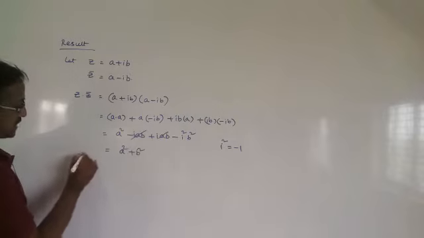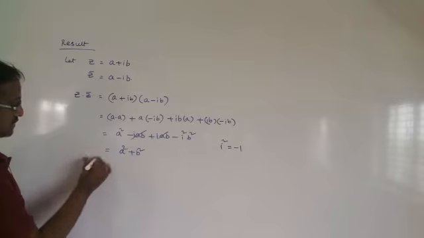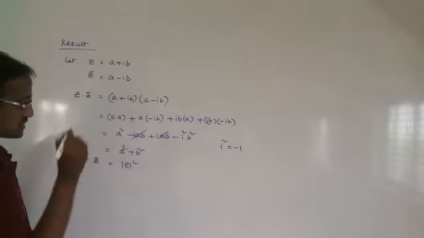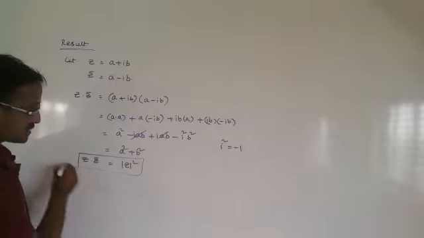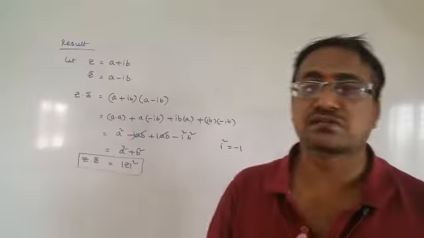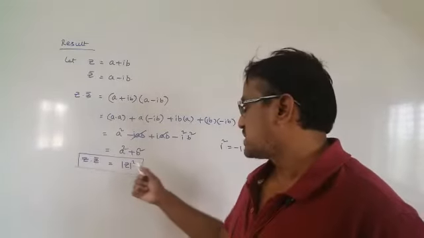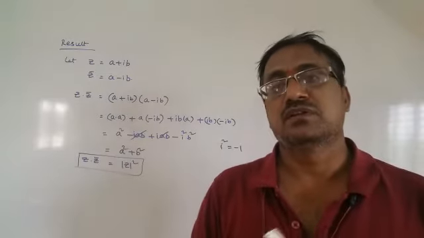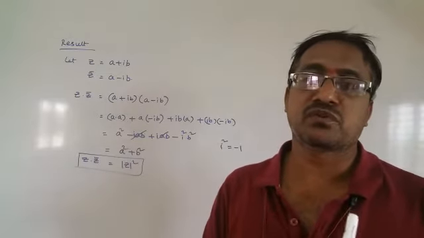Now z into z conjugate can be written as mod z square. Very important concept. Since mod z is root over a square plus b square, so z into z conjugate can be written as mod z square. So on these topics I am going to give you homework.